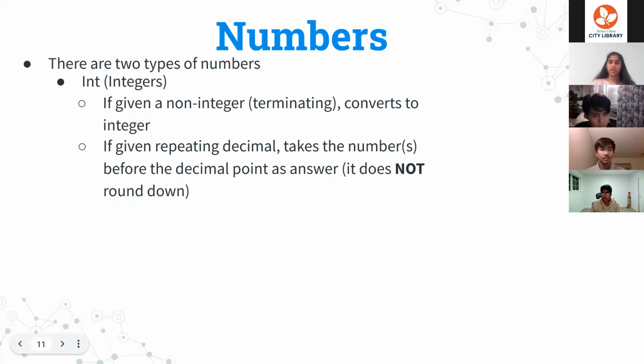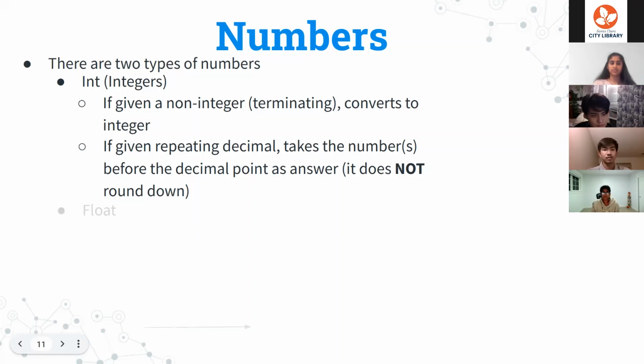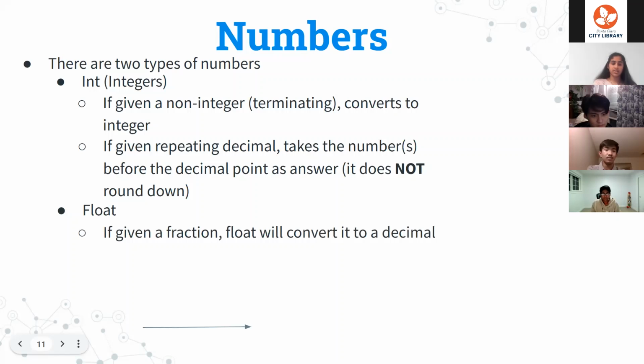Meanwhile, what are not integers are numbers that are fractions, decimals, or mixed units, so 1/2 or 0.3 or something of the type. Now, int is the short form of integer. If Python is given a non-integer that is terminating, such as 1.5, it would just convert it to an integer, so it would become 1.